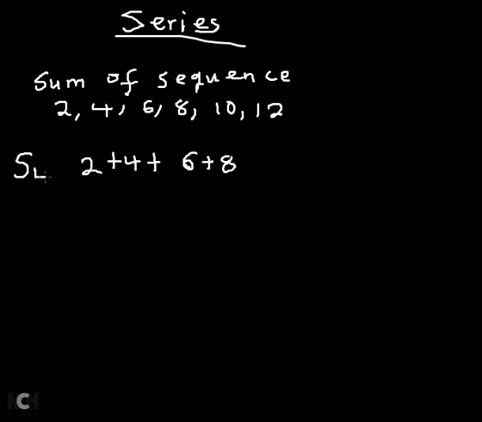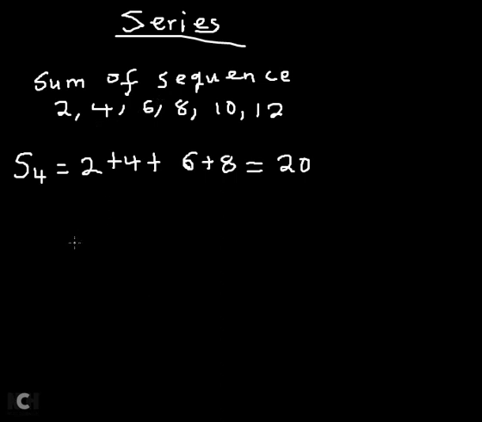The first 4 terms of the sequence is what I have here. So now let's actually sum that. That's going to be 2 plus 4 is 6, 6 plus 6, that's 12. Then 12 plus 8 gives me 20. So that is summing a sequence. Series is the sum of a sequence.